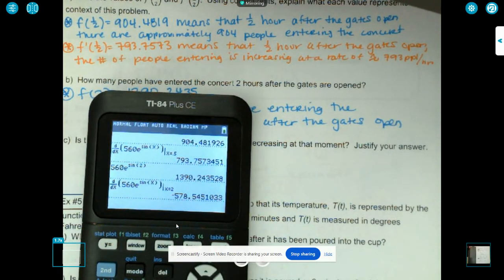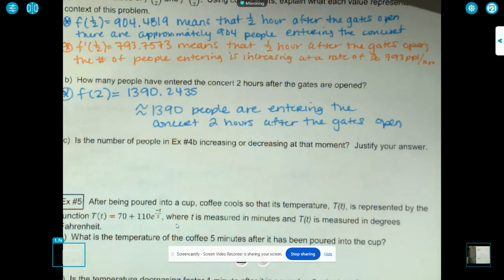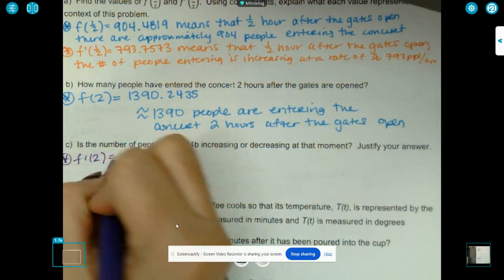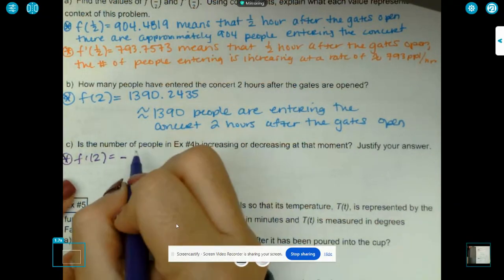It is decreasing, so f prime of 2 is negative 578.